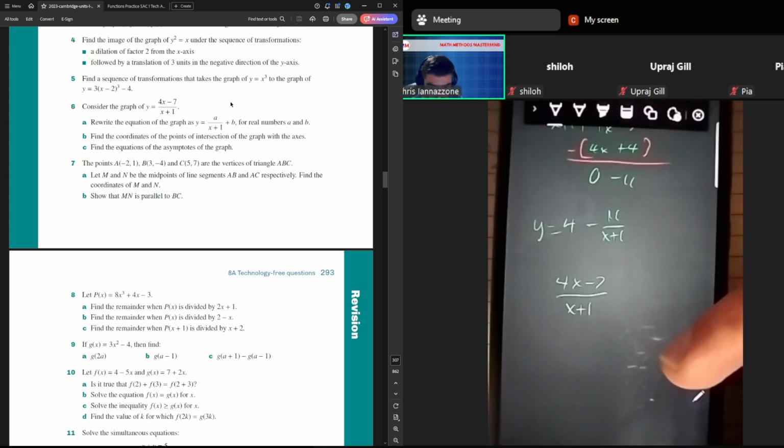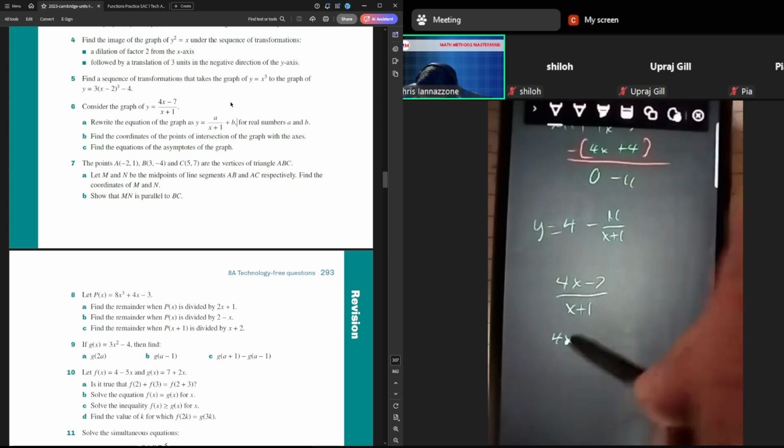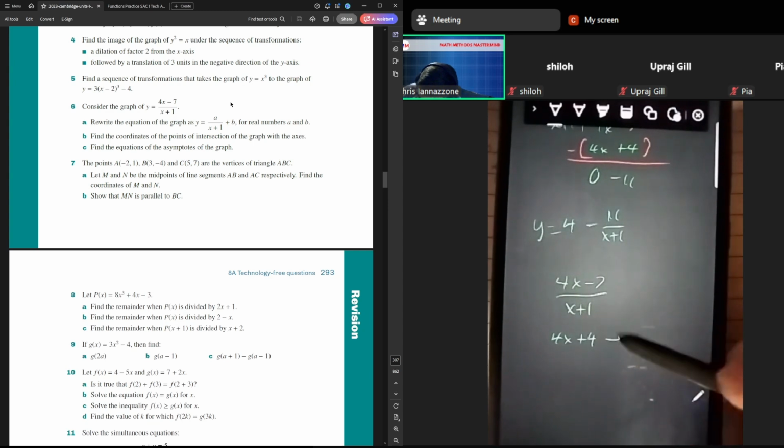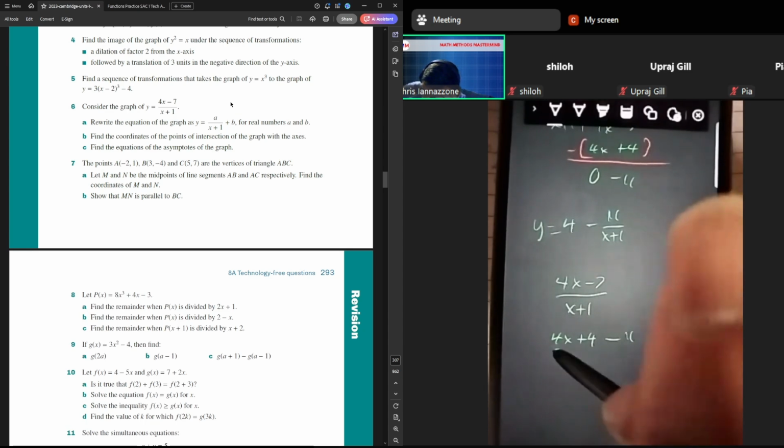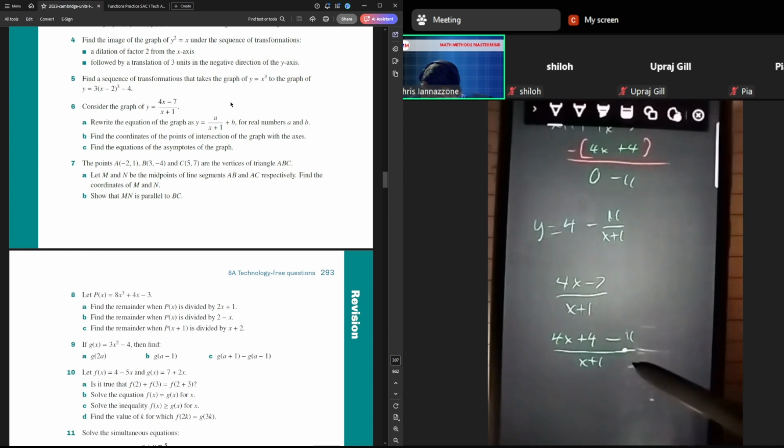So if we were to do that, we could do 4x plus 4 and then minus something to make it look like minus 7 at the end. So if I add 4 to this, I've got to subtract 4 from here, which means minus 11, all over x plus 1.